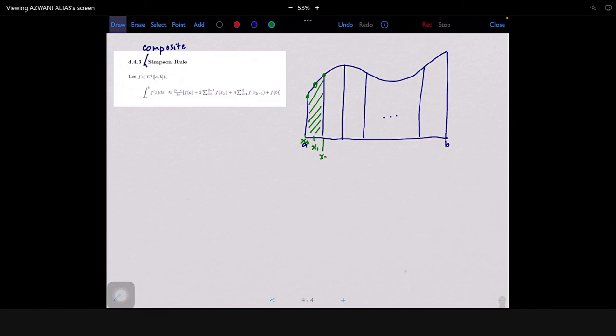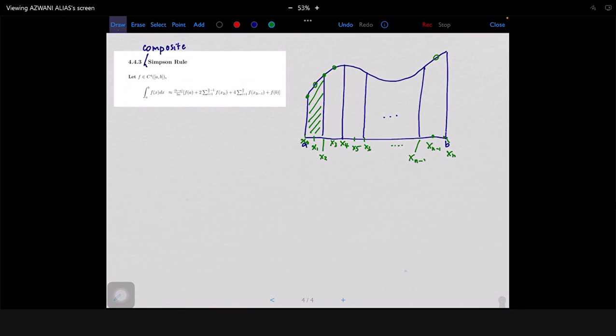Okay, the midpoint here untuk sub-interval yang kedua adalah X3, X4, X5, X6, up to last adalah Xn. Midpoint untuk kat sini adalah Xn-1, Xn-2. Faham tak? Macam mana saya bagi notation setiap pointer.